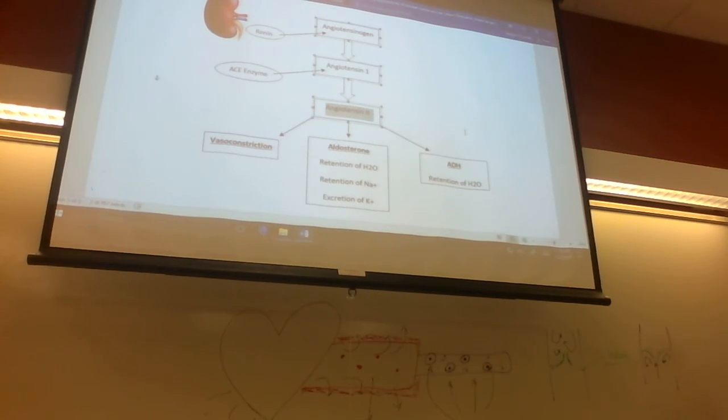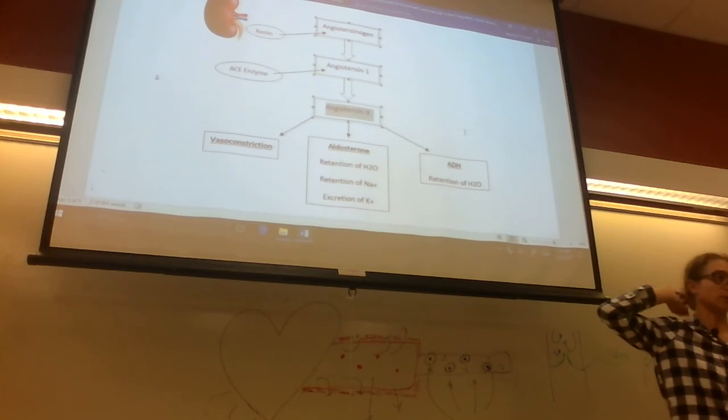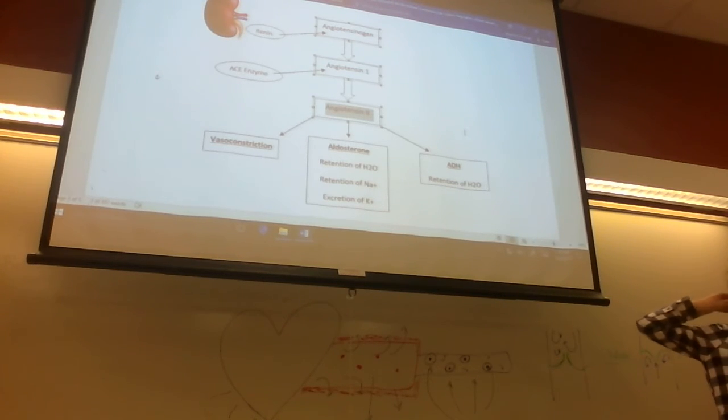And then the last one that angiotensin II does is it goes up to the brain and tells the brain to secrete ADH, and ADH is anti-diuretic hormone, which causes you to retain water, which we like. ADH, by the way, is the hormone we went over in the endocrine system.